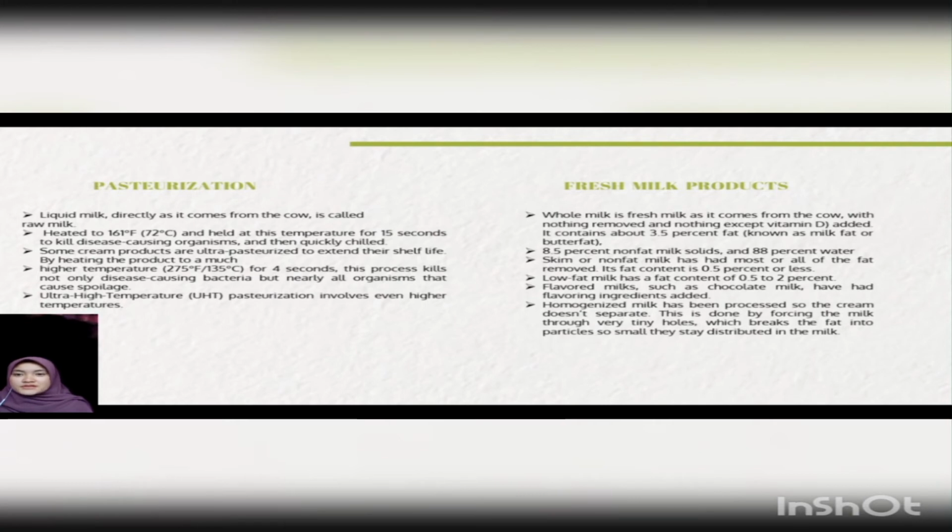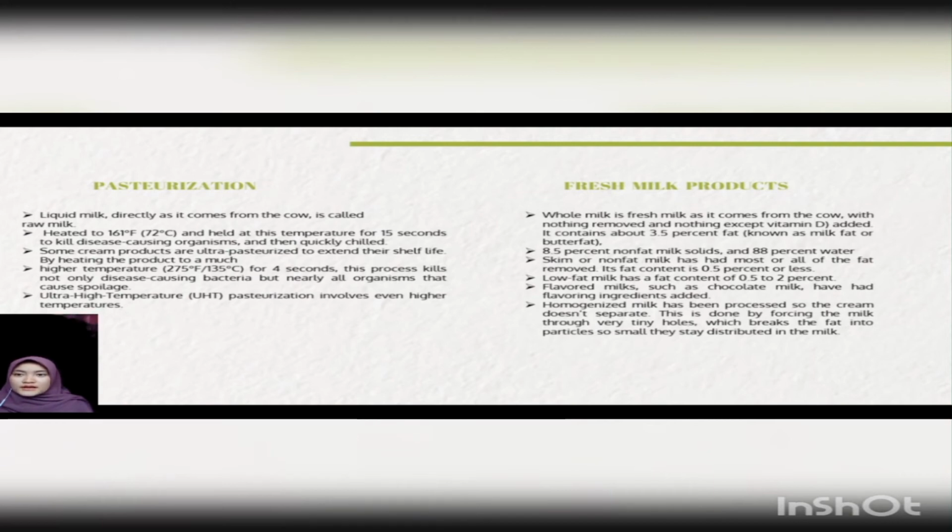First, pasteurization. Liquid milk directly as it comes from the cow is called raw milk. It is heated to 161 Fahrenheit or 72 degrees Celsius and held at this temperature for 15 seconds to kill disease-causing organisms, and then quickly chilled.